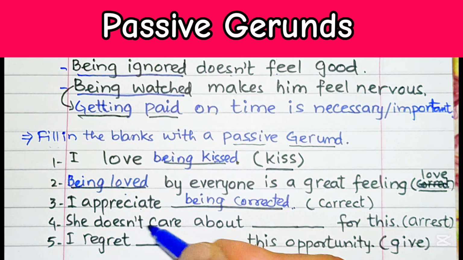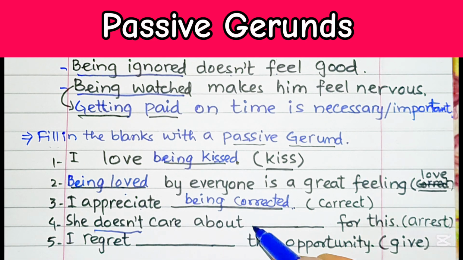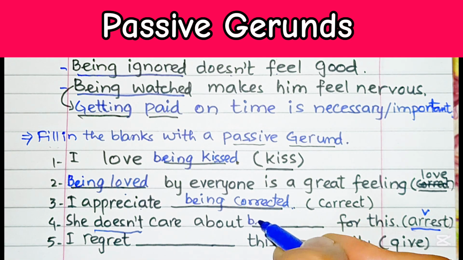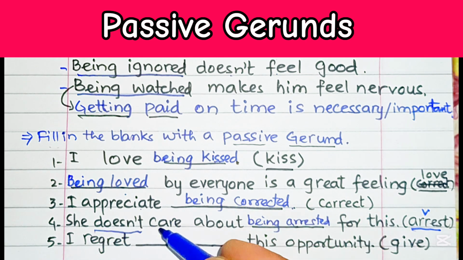She doesn't care. This is a negative passive gerund sentence. She doesn't care about, and then there is a blank space, and the verb is arrest. She doesn't care about being arrested. She doesn't care about being arrested for this.